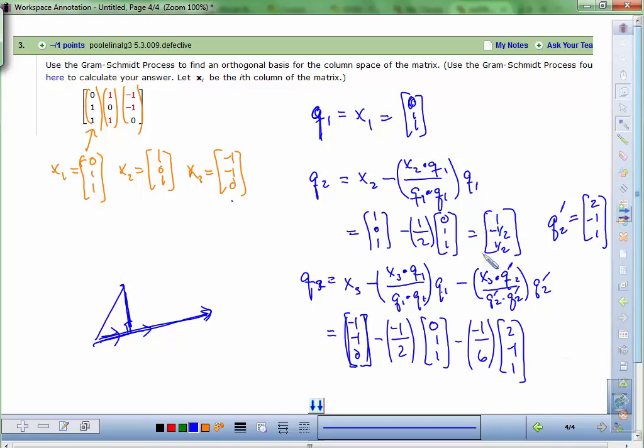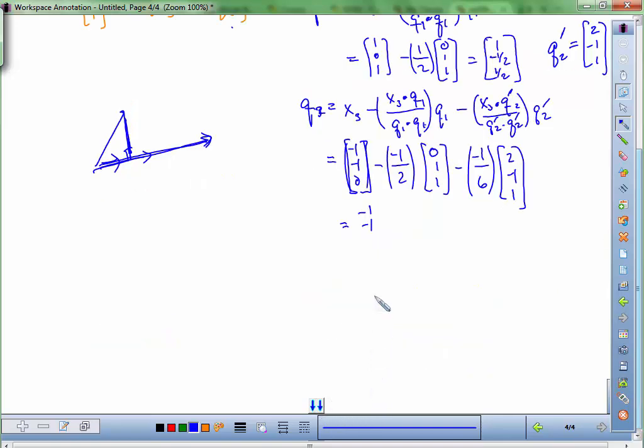So had we kept this other one, we would have gotten a different value for the scalar, which would give us the same vector here. All right. So this is going to be -1, -1, 0, minus, minus, so let's call that a positive, plus 0, 1/2, 1/2.